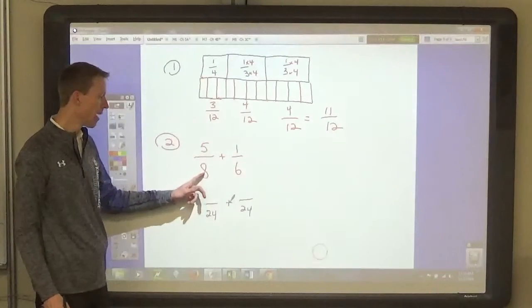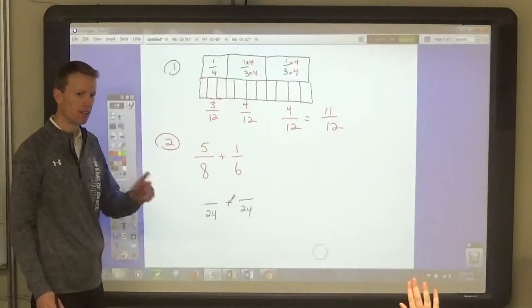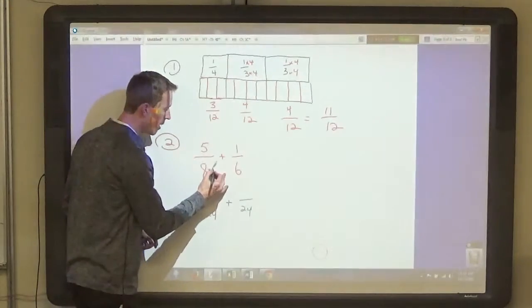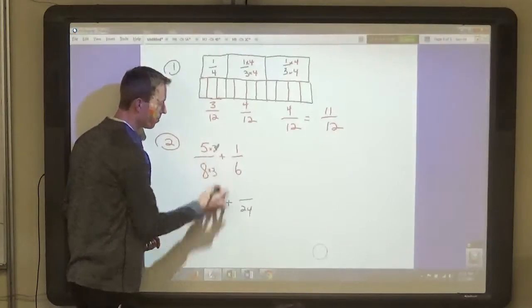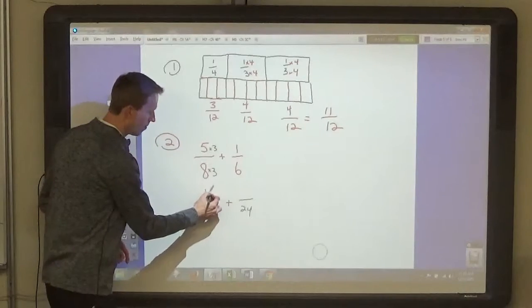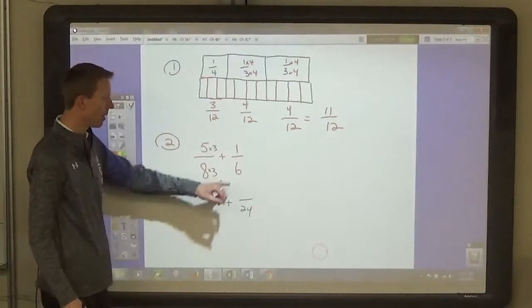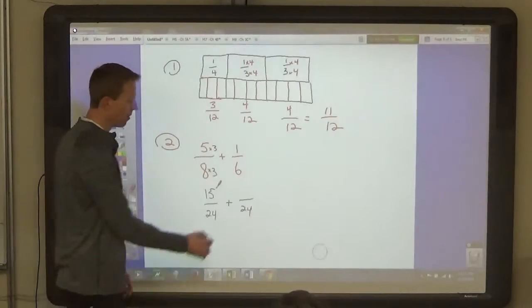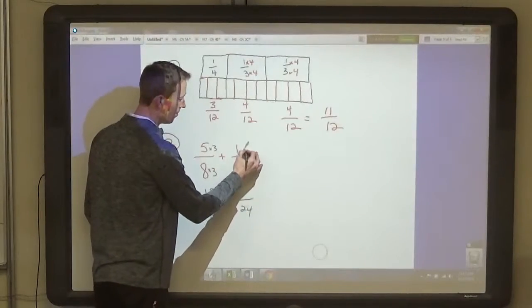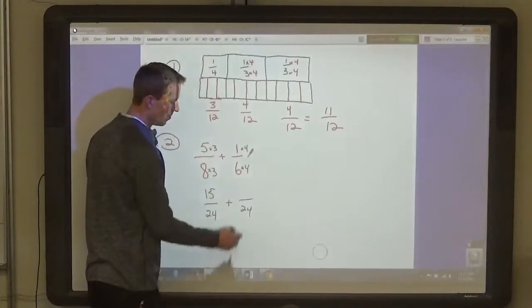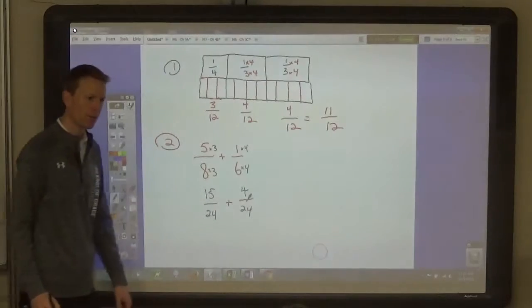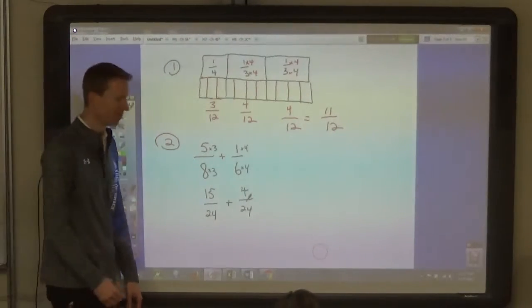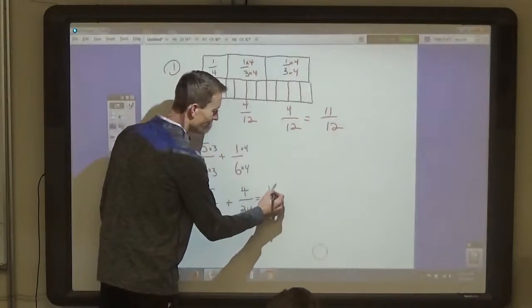Or 24 divided by 8 is 3. We have to multiply this by 3. And we have to multiply this by 4. Recognize this problem? It's in your notes, isn't it?